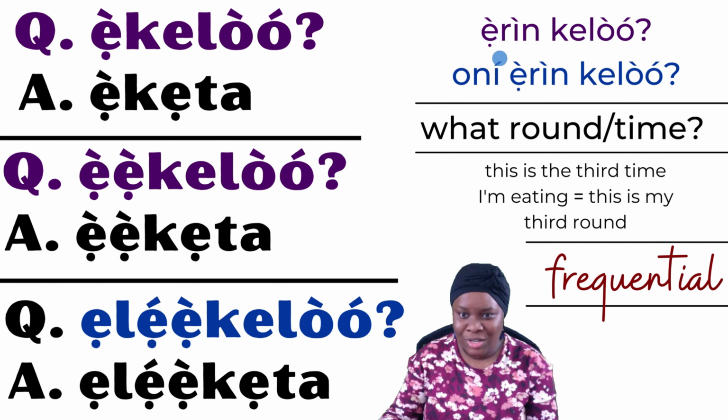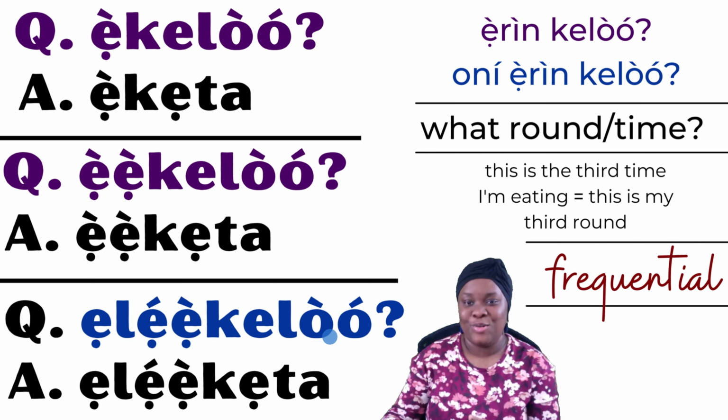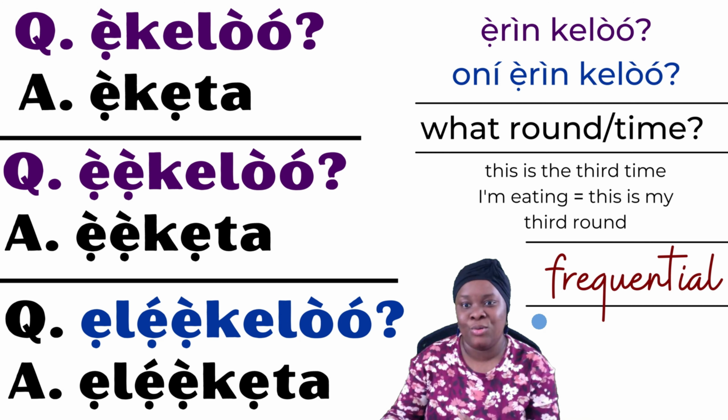And oni erekelo, that's a different dialect. Oni erekelo. The oni here just emphasizes the erekelo. It's a different dialect. I can't give you a rational reason why this is necessary. But elekelo is what it would be when you combine these three. Oni erekelo would give you elekelo. What round? What time?